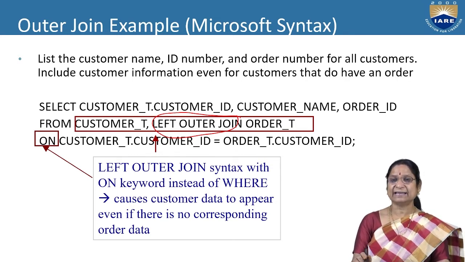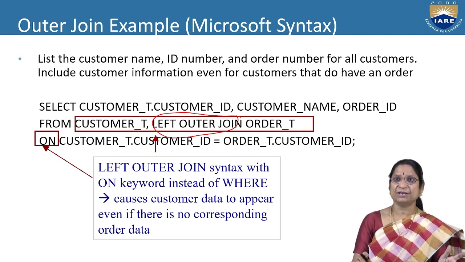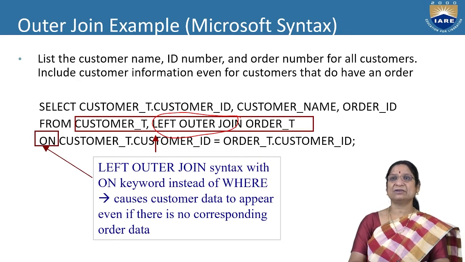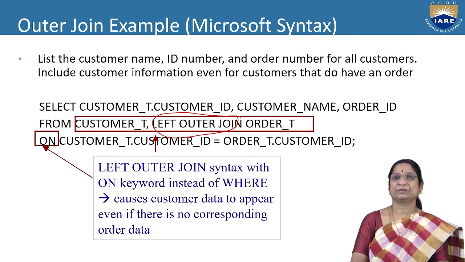You observe the syntax, we are using left outer join order table, or you can use right outer join order table. You can use full join also, which we write as full outer join.